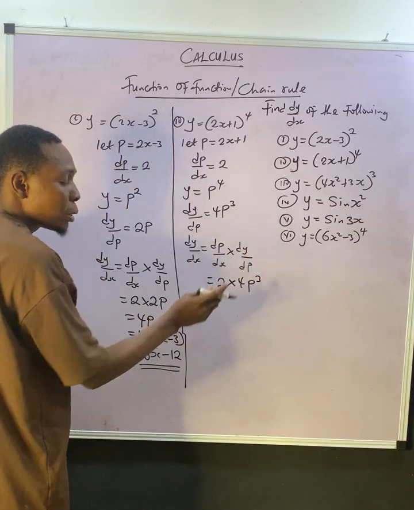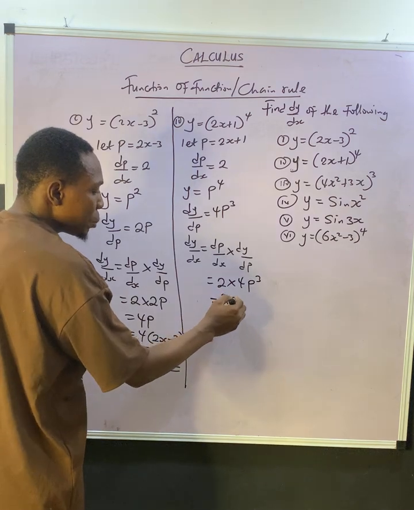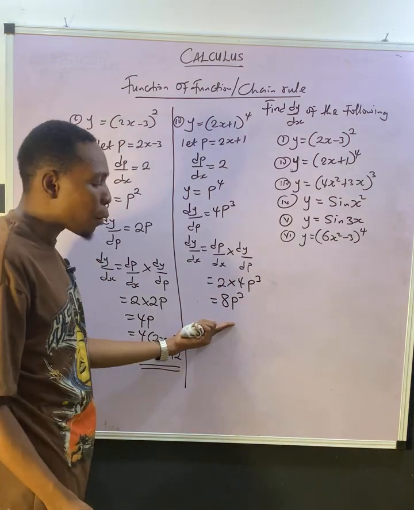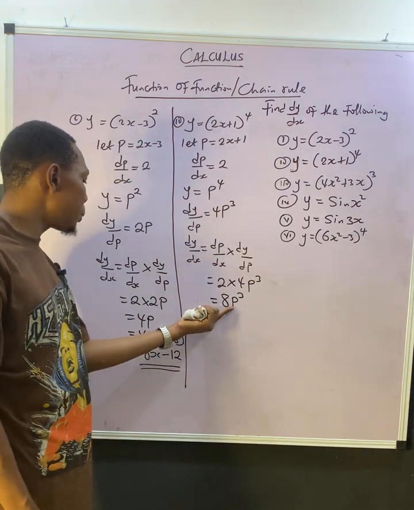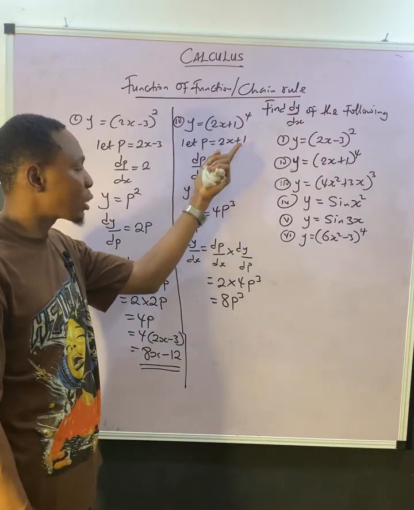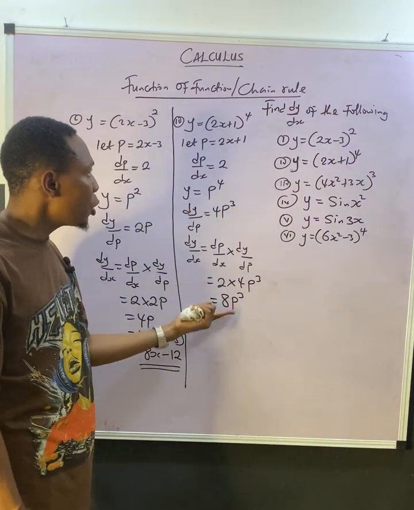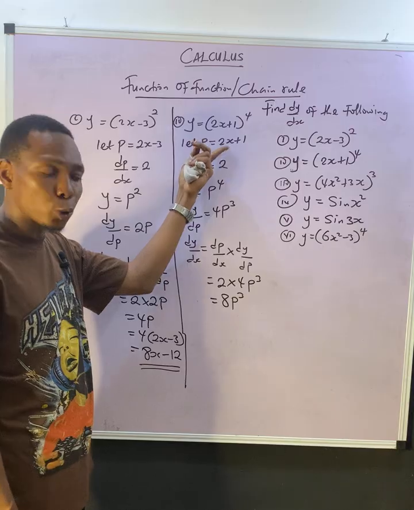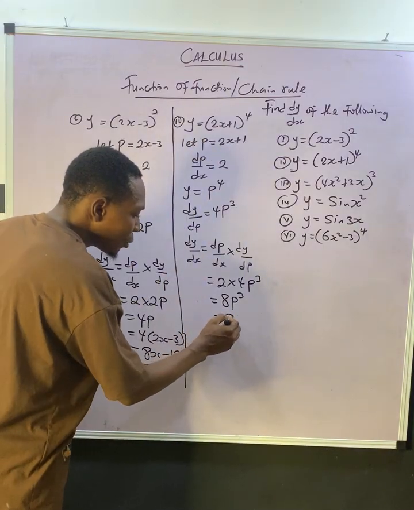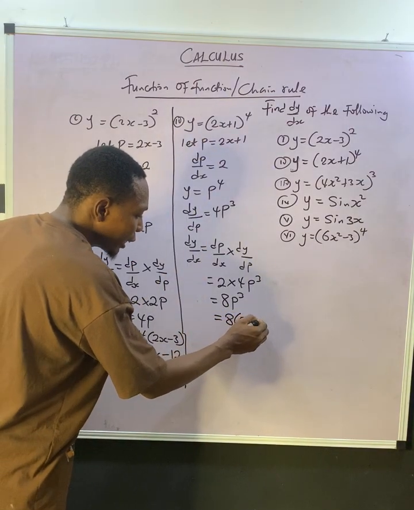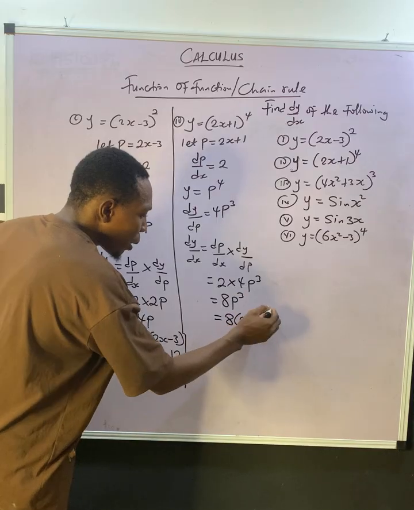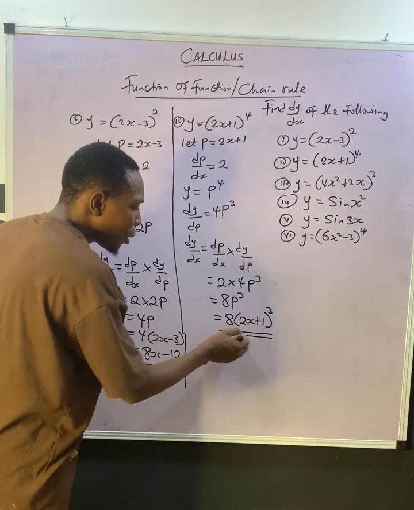So 2 times 4p cube, we have 8p cube. We are not going to leave our answer like this. Our p is 2x plus 1, so in place of p, replace it with 2x plus 1. From here, we have 8 bracket 2x plus 1 raised to the power of 3. So this is our final answer.